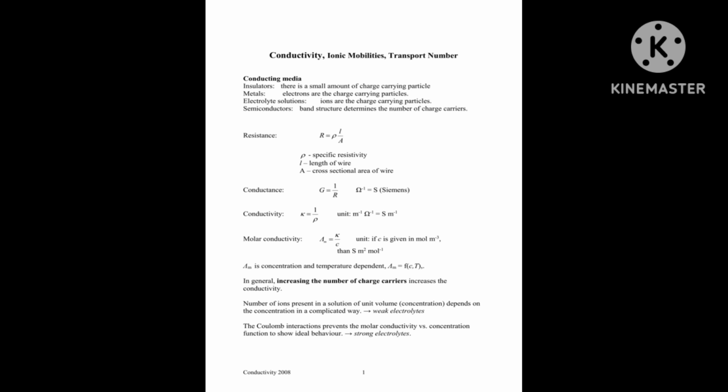Very simple thing. I have told you, you have to do 2 experiments. First experiment you will do to get the value of the cell constant. For that they have given the conductivity value. Correct?